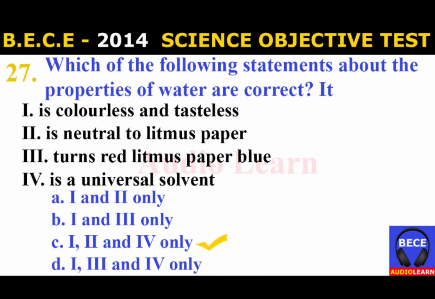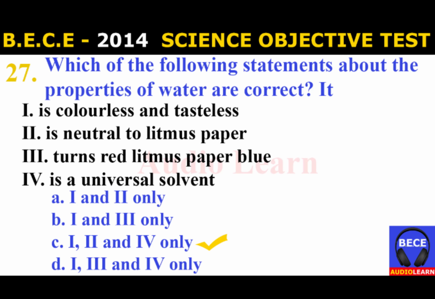Number 27. Which of the following statements about the properties of water are correct? I. It is colorless and tasteless. II. It is neutral to litmus paper. III. It turns red litmus paper blue. IV. It is a universal solvent.